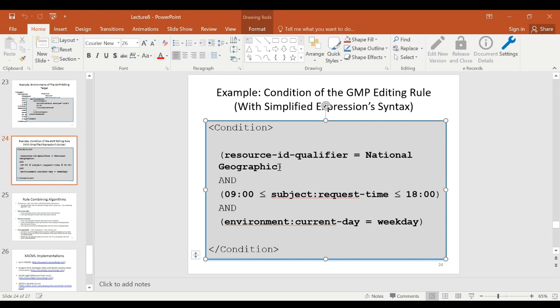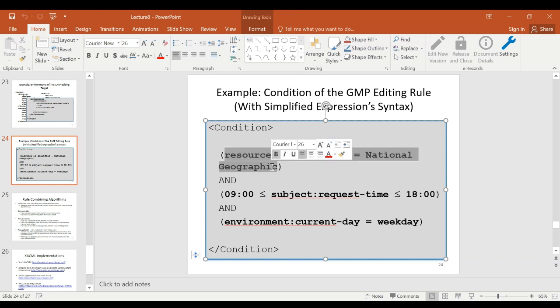So here, the first expression is essentially checking that the resource's ID is equivalent to the value National Geographic. Further on, it's checking that the request time for the subject was somewhere between 9 o'clock in the morning and 6 o'clock in the evening. And then finally, that the current day is a weekday, so it's sometime between Monday and Friday, and it's not a weekend.